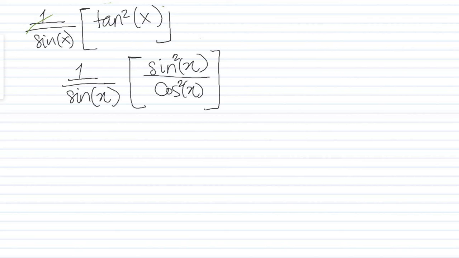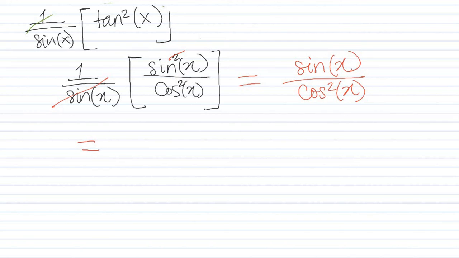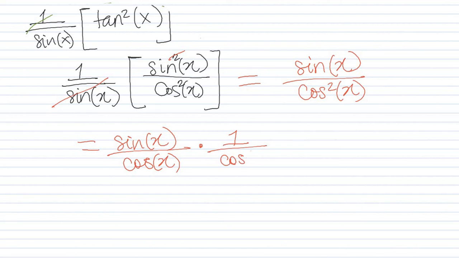Now let's just do what we can do. We simplify further. We cancel this out. So we end up with sine x over cosine squared x. And we can write that down as sine x over cosine x, multiplied by 1 over cosine x.